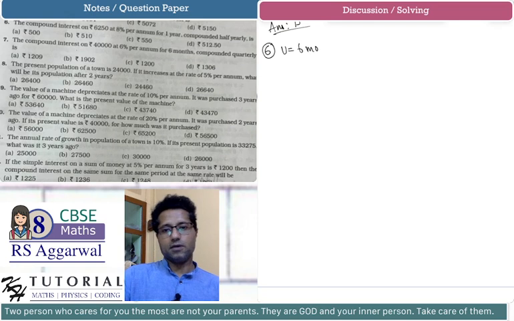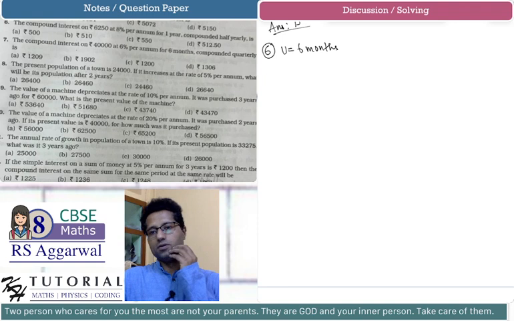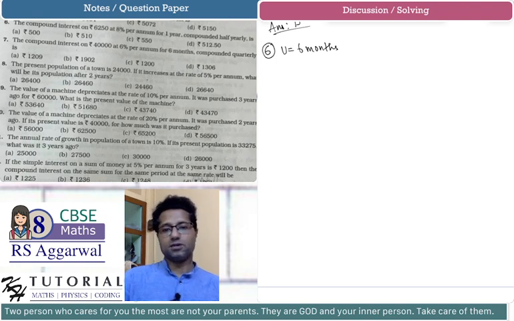U is the conversion period or the unit of time, that is the time after which the interest is being calculated or compounded, which is given to be half yearly, that is 6 months. Now when U is 6 months, this implies that R dash will be equal to RU by 12, which is R multiplied by 6 by 12, which is equal to R by 2.